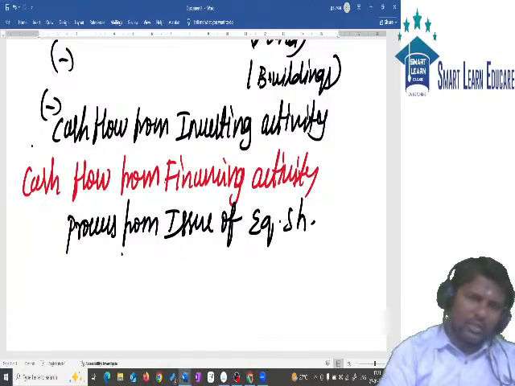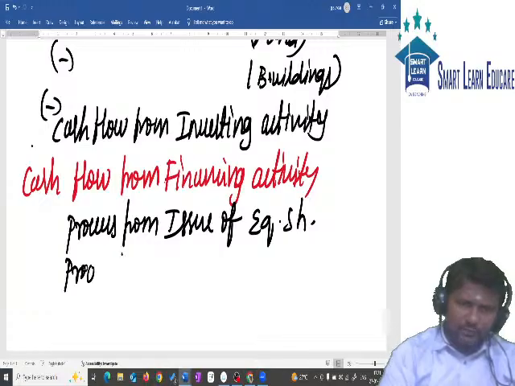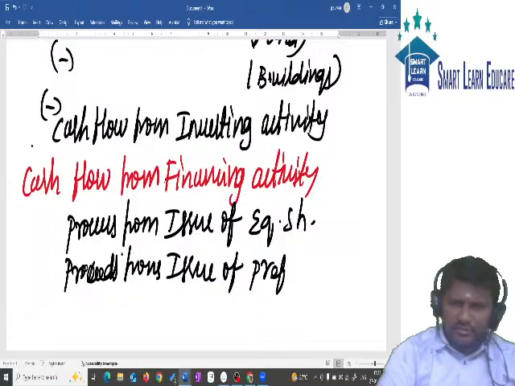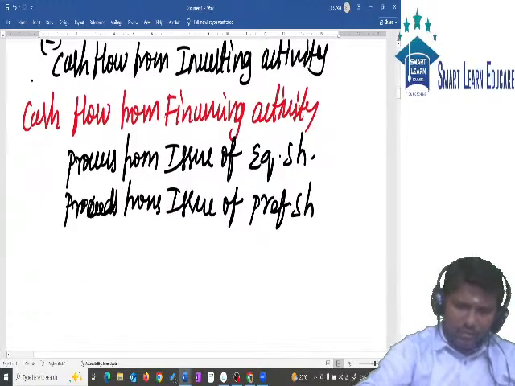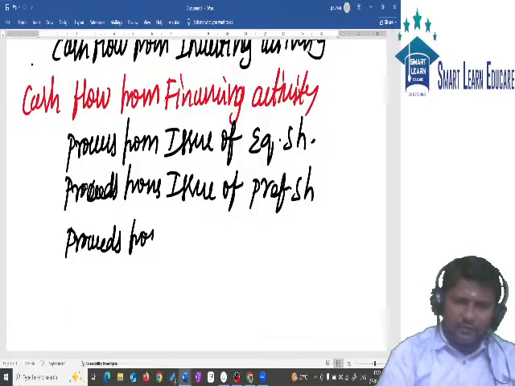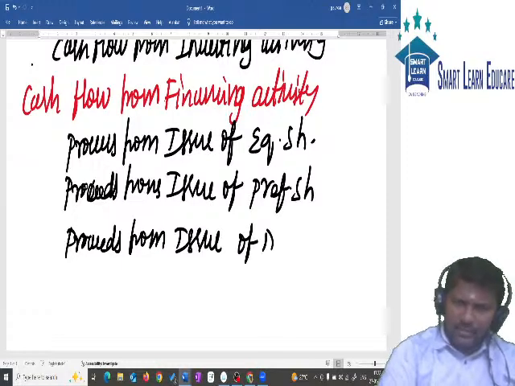Not only equity shares, also preference shares: proceeds from issue of preference share. Also cash from issue of debenture.